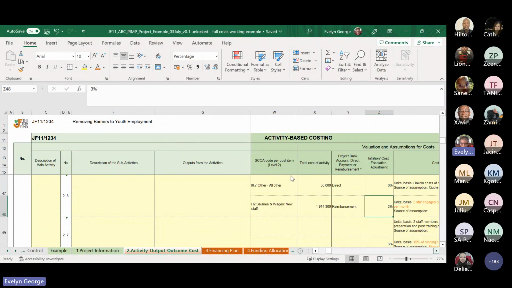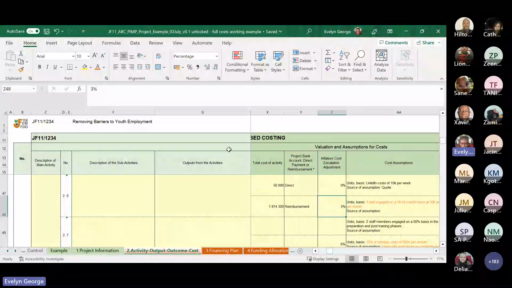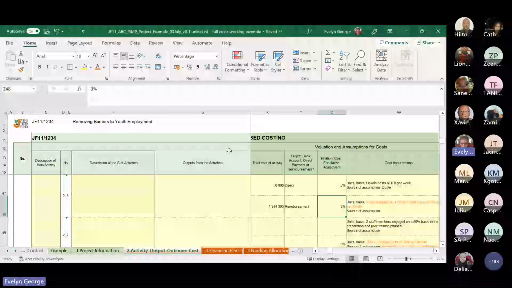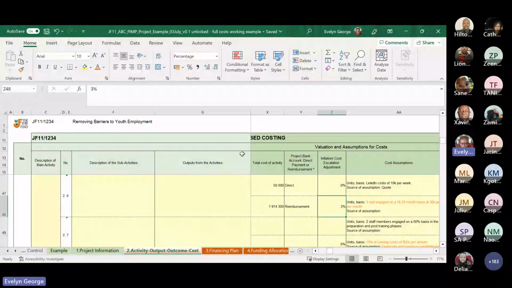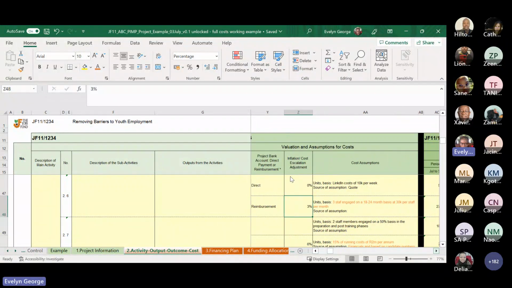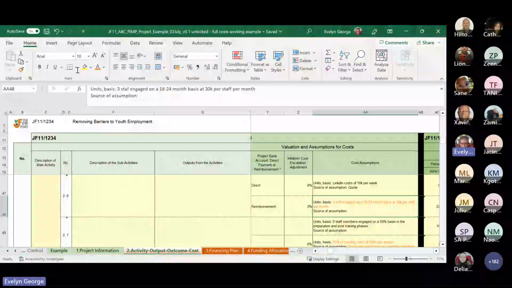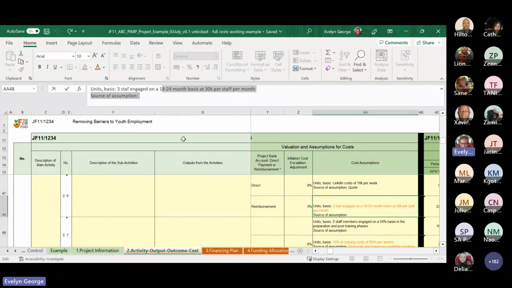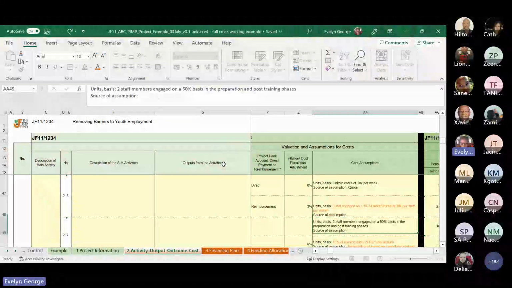Again, I'm sure you also know, for public servants you're looking at 3%. So we would look at this also to say, okay, what's reasonable, what's realistic? Let's look at that. And the assumptions, again: 3 staff engaged per the example, on an 18 to 24 month basis at 30,000 per staff per month.